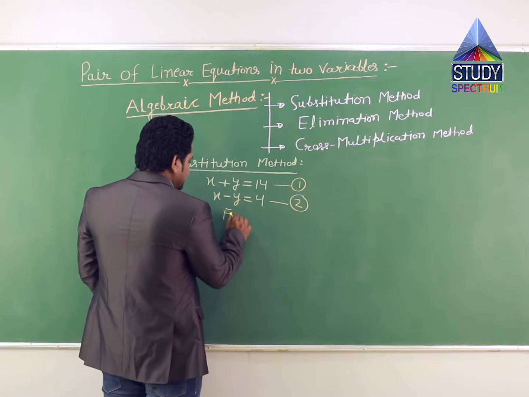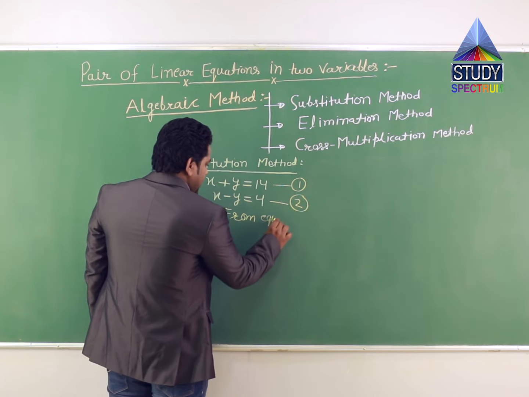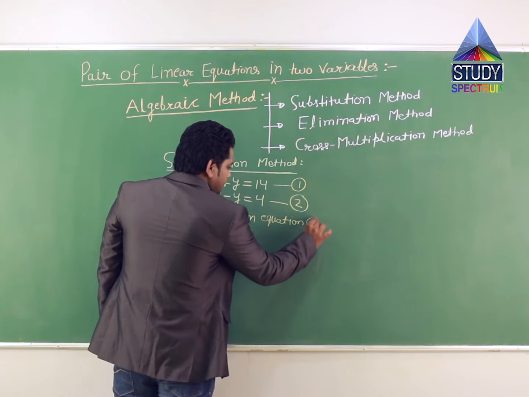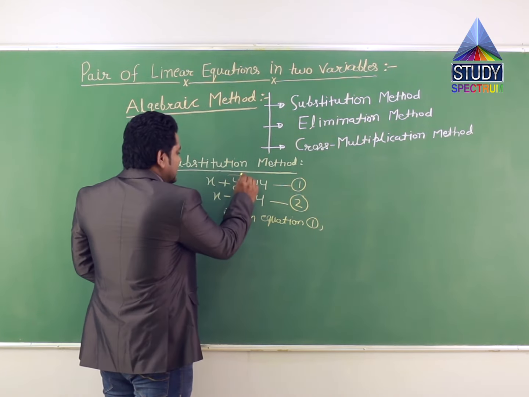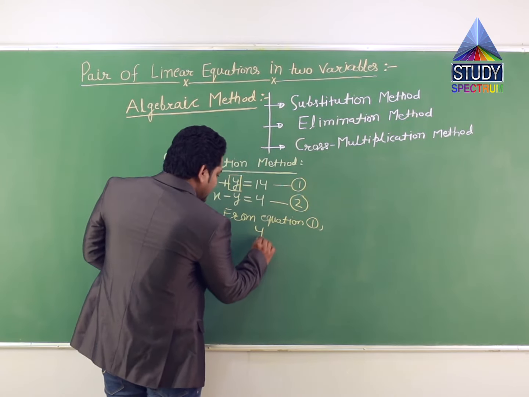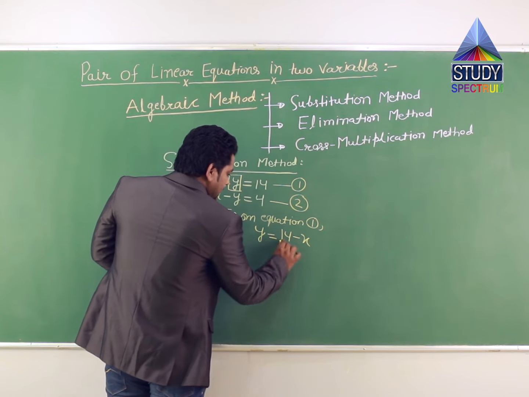So from equation 1, suppose you have expressed y in terms of x. So y can be written in terms of x as y equal to 14 minus x.